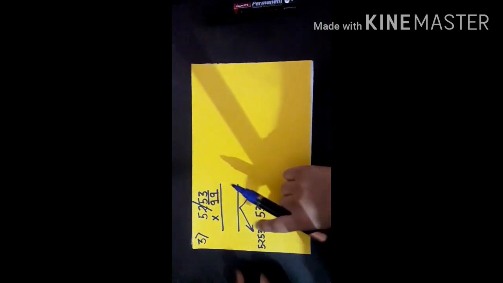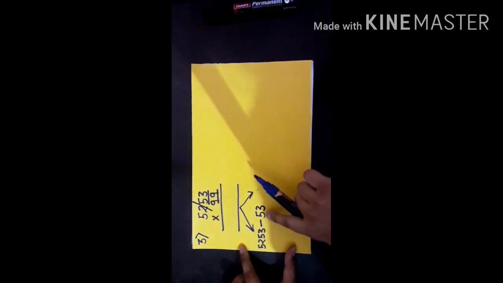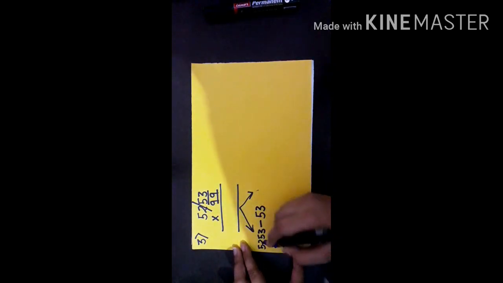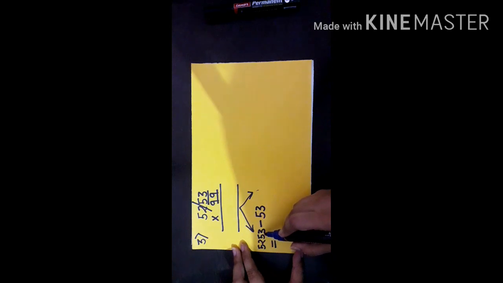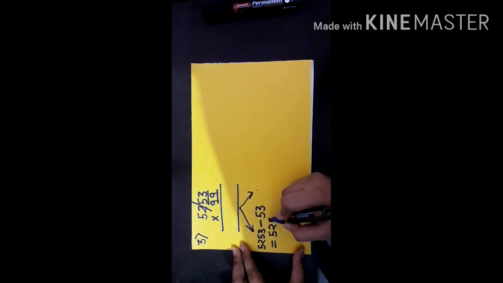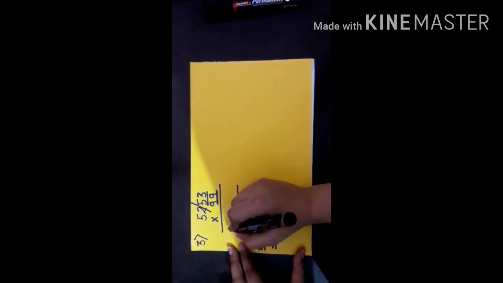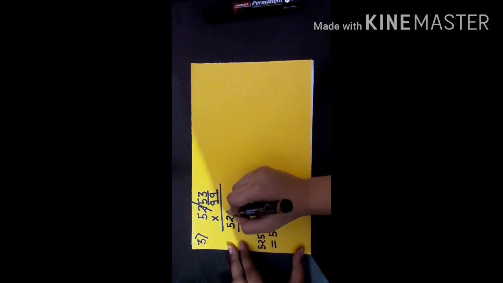So take your multiplicand, subtract the first part 1 digit up, means 52 is there, 1 digit up means 53, then you have to subtract 53. Now 5253 minus 53 is 5200.